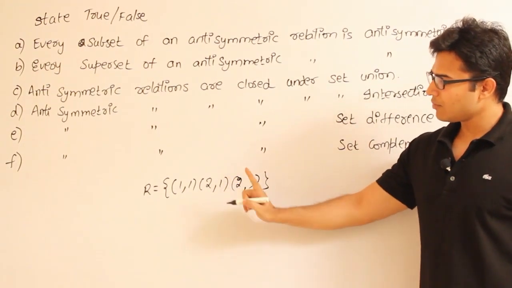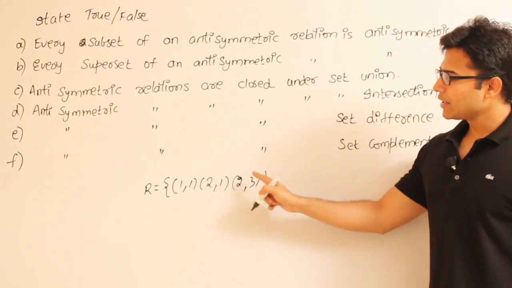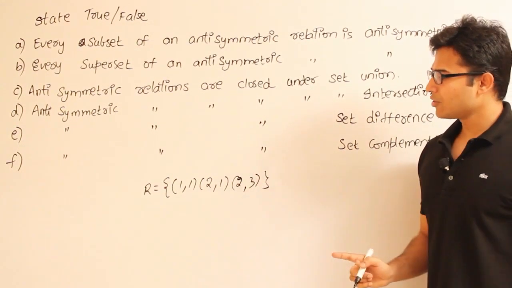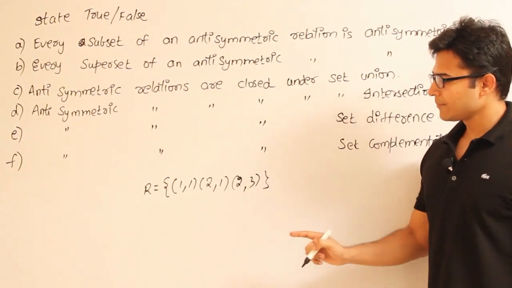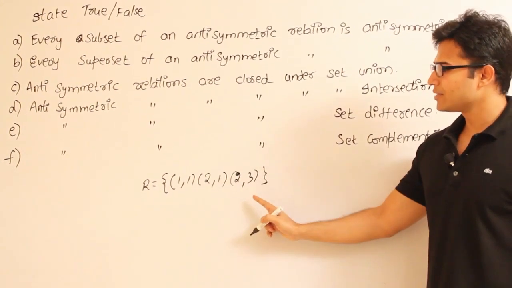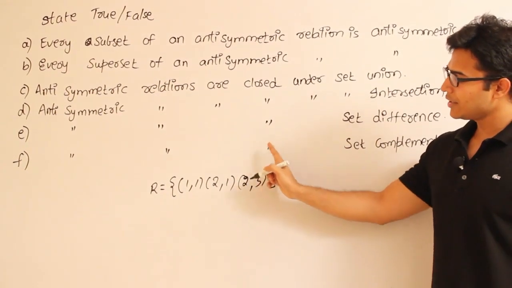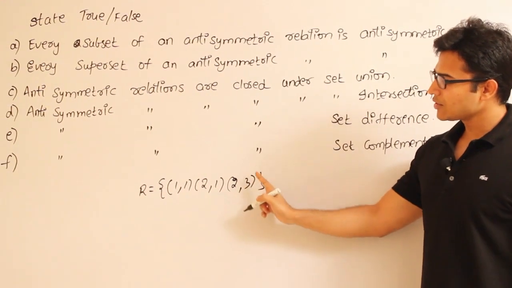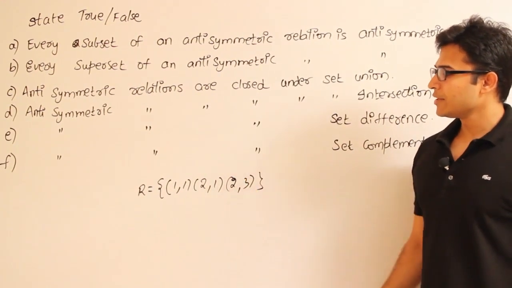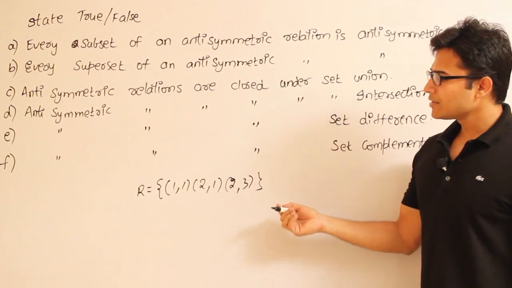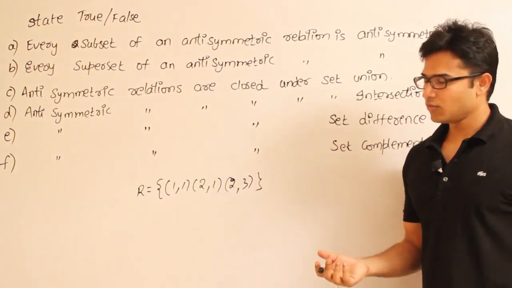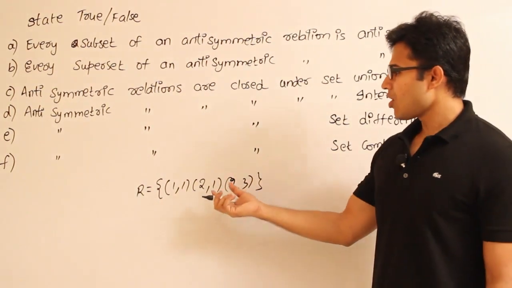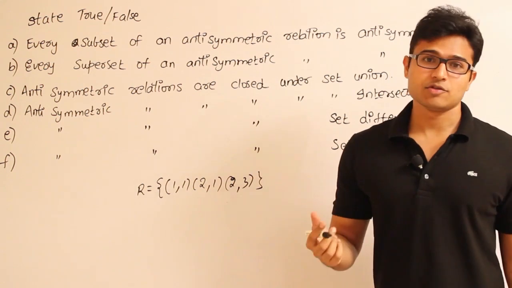If you try to add 1 comma 2, that is when we might get into trouble and the relation may not be antisymmetric. Otherwise, if you are simply removing some of the elements from a relation which does not already have symmetric pairs, then by removing elements we will not get a symmetric pair. Therefore, every subset of an antisymmetric relation will also be antisymmetric.